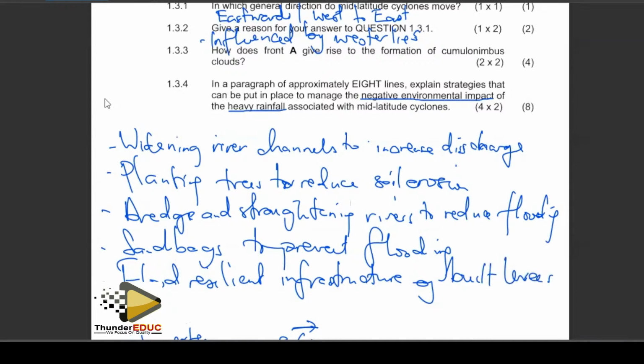We know the natural levees, which is the natural embankment on the river channel. We can also do the artificial one, where we try to build the protective walls, the flood walls along the river channels to try and contain all the water within the river channel so that we avoid excess water getting to the environment or damaging the surrounding. So those are some of the strategies that we can try to put in place.